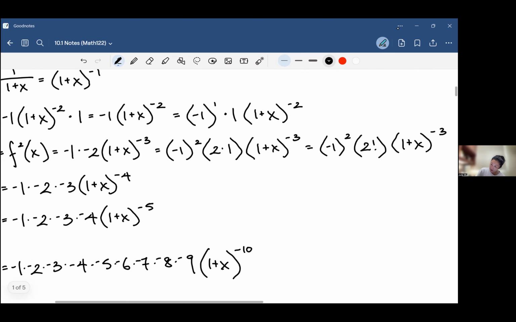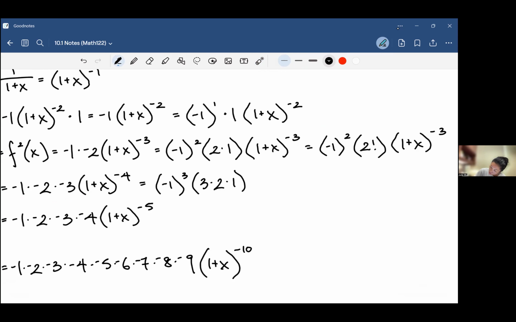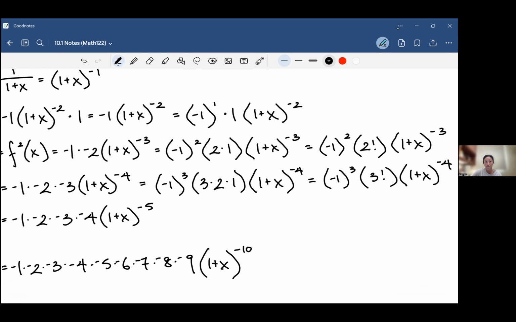Okay, well, for the third derivative, I can take a -1 out of the -1, a -2, and a -3. So in other words, I'm doing -1 to the third times 3 times 2 times 1 times 1 plus x to the -4. Or I can write this -1 to the third times 3 factorial times 1 plus x to the -4.